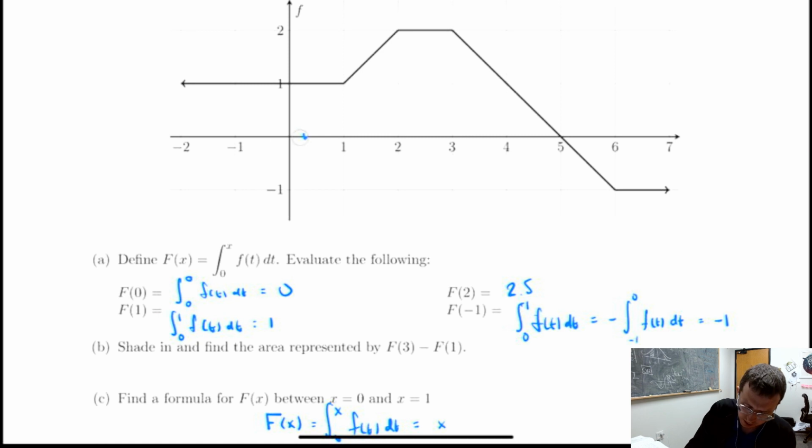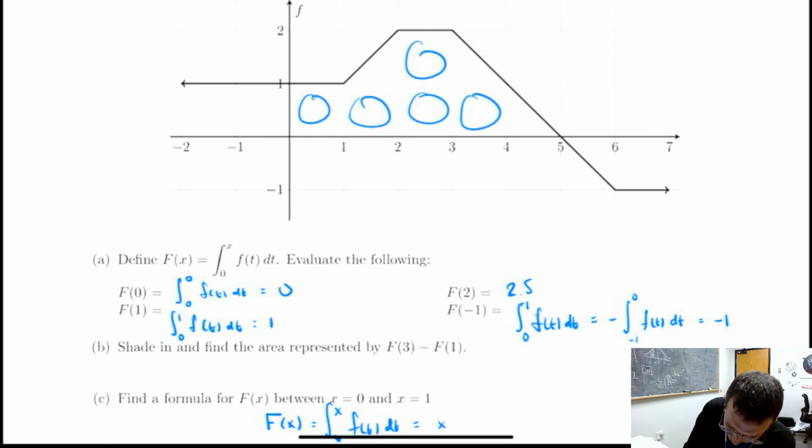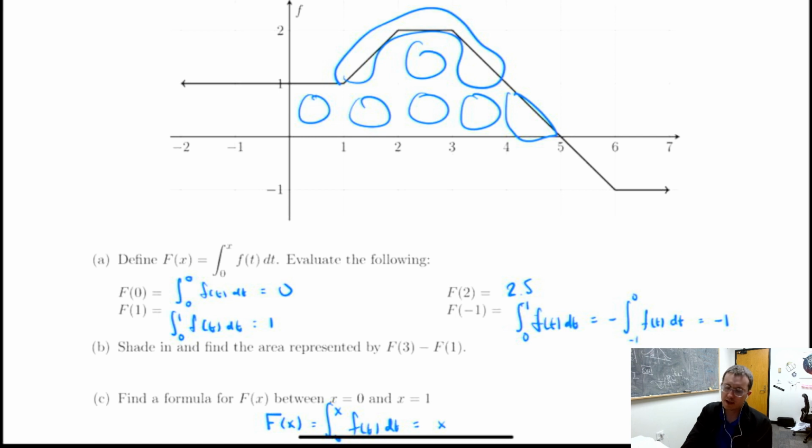So how far out to the right do you have to go? Well, from 0 to 5, how much area do we have? I see 1, 2, 3, 4, 5, 6 and a half units of area. And then I have this negative 1/2 here, so I'm back down to 6. And then every unit I go to the right, I'm going to decrease by 1.